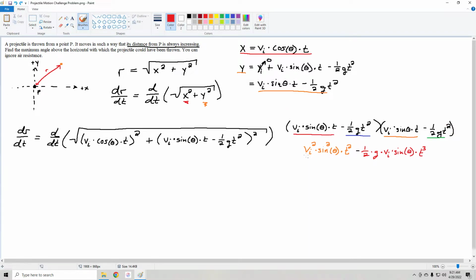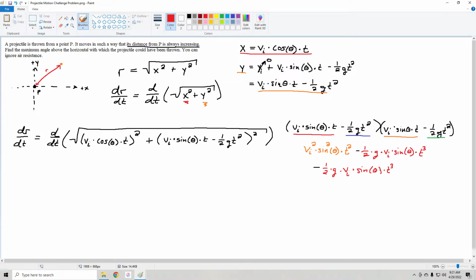And in fact, we'll end up getting a second quantity of exactly the same thing, minus 1/2 times g times v initial times sine of theta times t cubed.